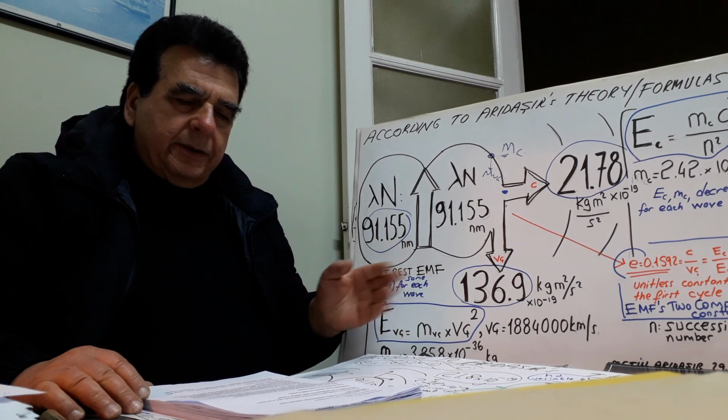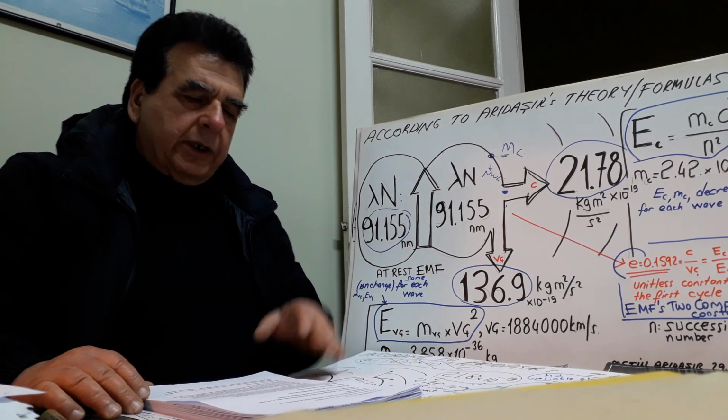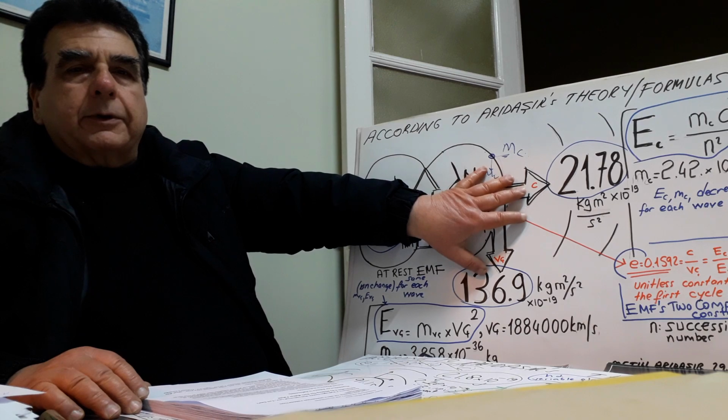Accepted physics is not aware of the two components of electron motion form.